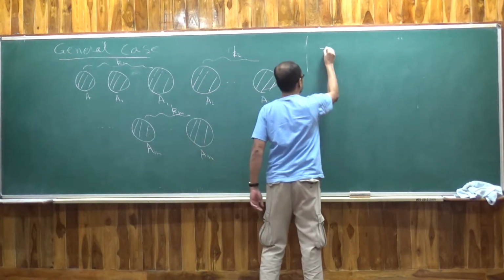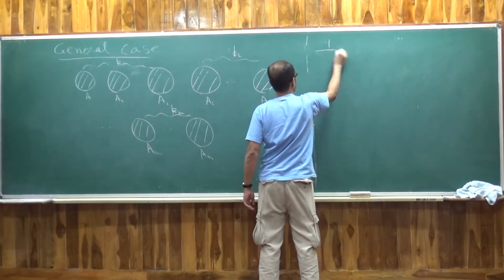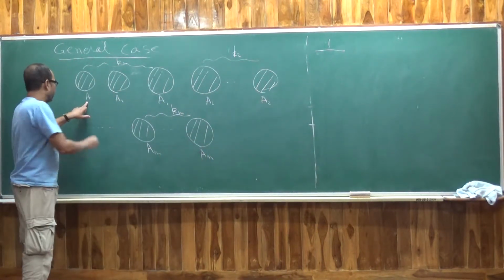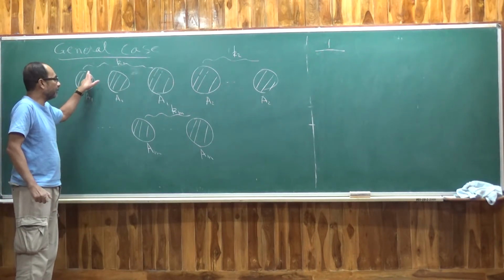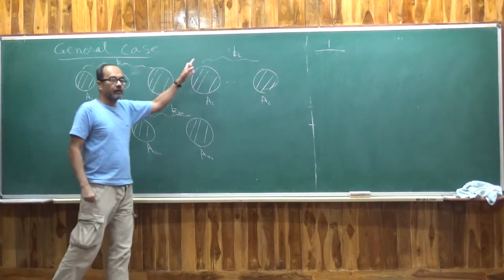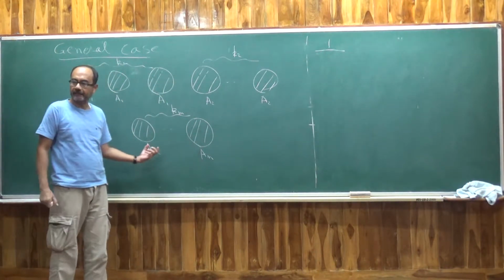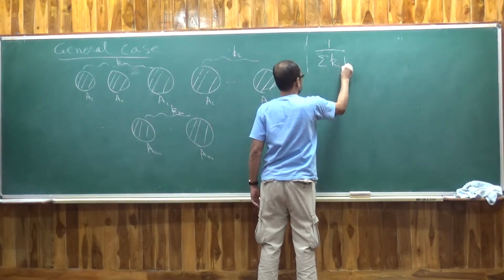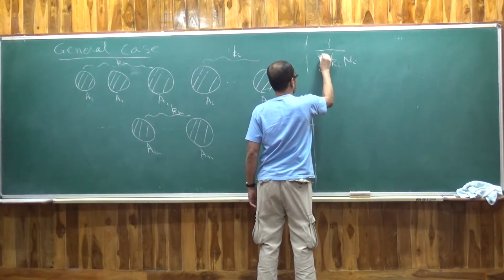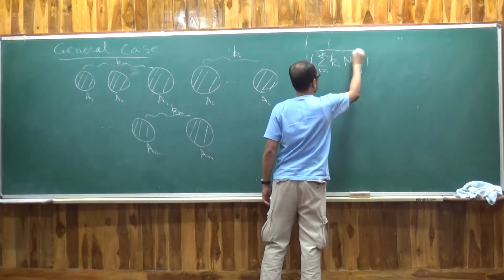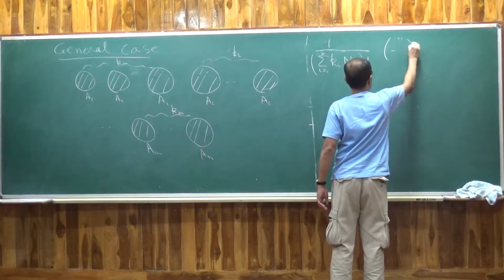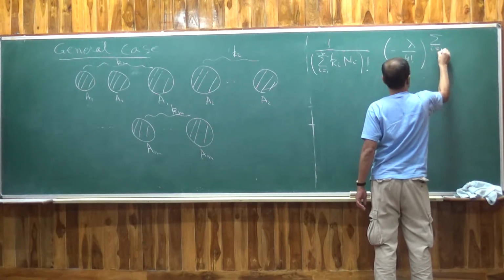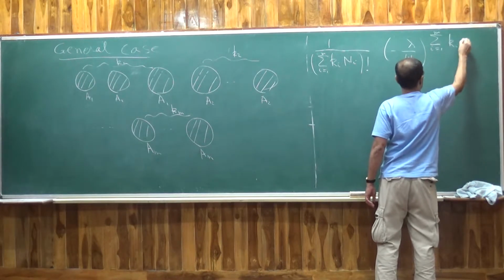So first of all, what is the total order? Each of these is of order n1. So there are k1 n1 vertices coming from these, k2 n2 vertices coming from these, similarly km nm vertices. So 1 over the factorial of the sum over i equal to 1 to M of ki ni, and then minus lambda over 4 factorial to the power sum over i equal to 1 to M of ki ni.